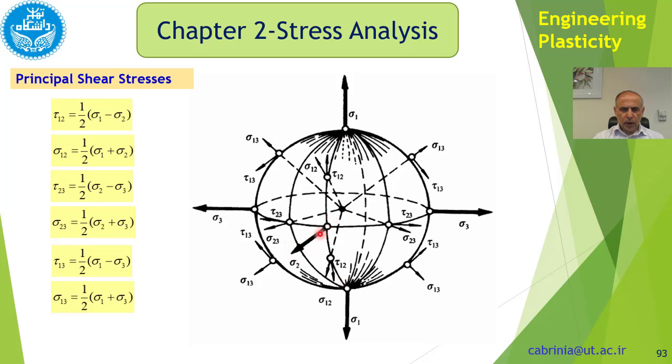Here 1 and 2, and here again 1 and 3, and so on and so forth. Depending on the directions, you can see the principal shear stresses and their values as shown here.